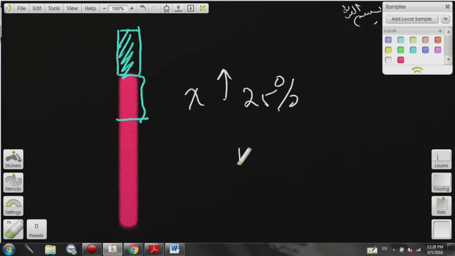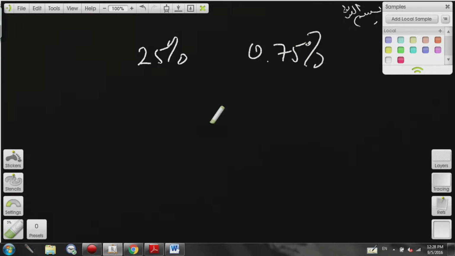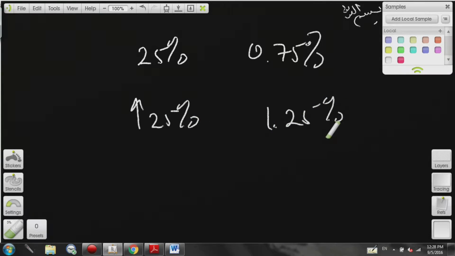You end up paying 1.25 times the price, see? Just like if something's 25% off, that means you end up paying 75% of the original price. Well, if something is marked up by 25%, you'll be paying 1.25 times the original price, right?